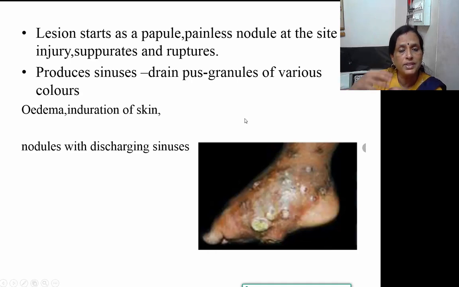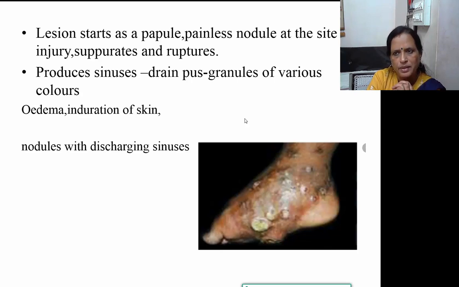When this organism enters the body, the lesion usually starts as a papule, a small nodule. Then it increases in size and we call it a nodule. In spite of the nodule being formed, it will not be painful, so patients may not come to the attention of the doctor or seek advice.